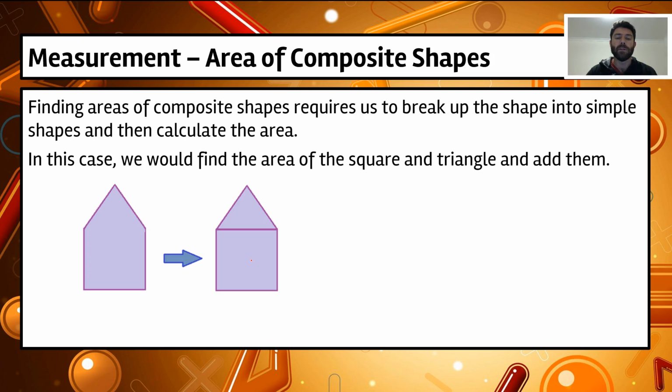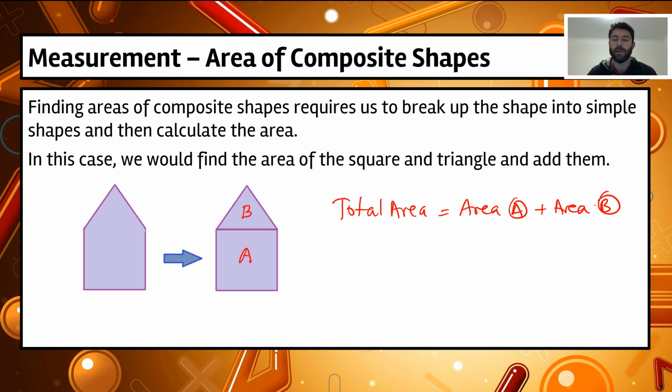What we could do is have area A here, area B for the triangle, and we could calculate that the total area equals the area of A plus the area of B. You could label these with anything.